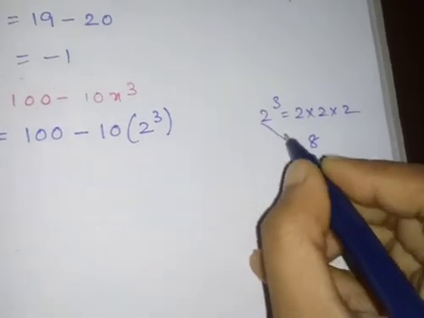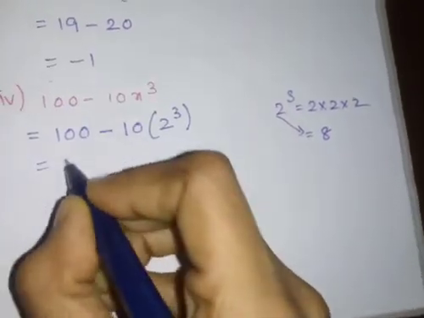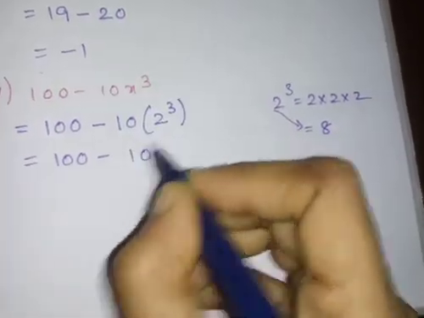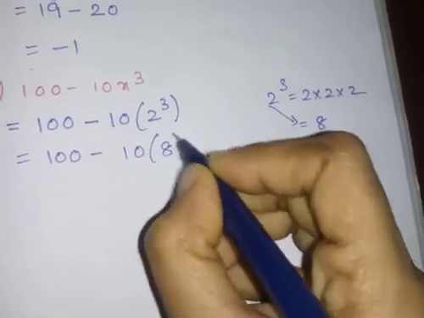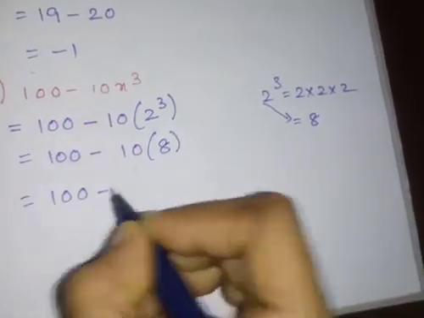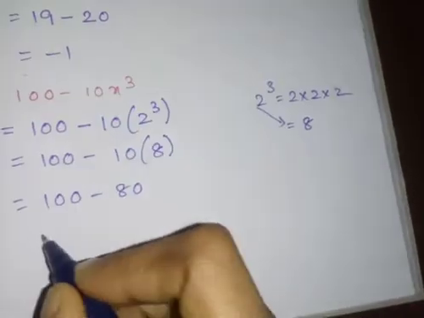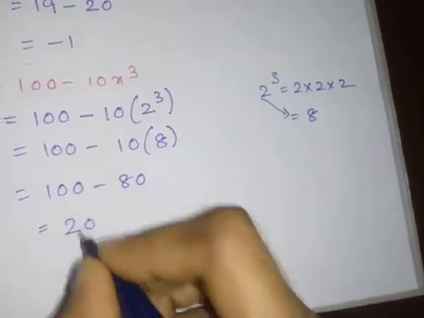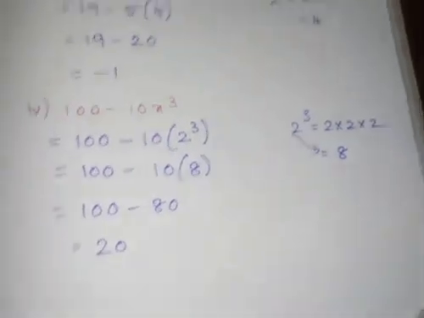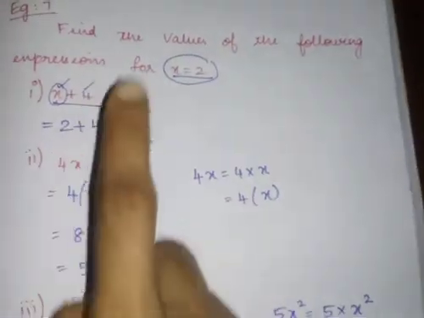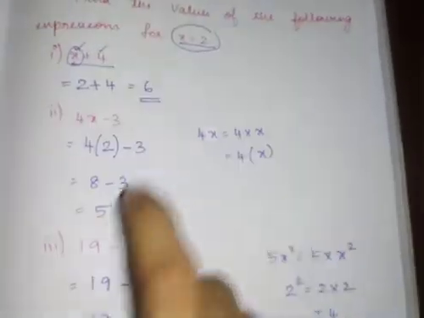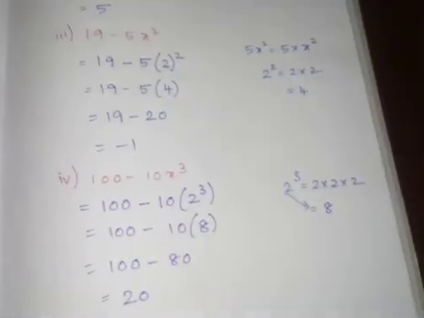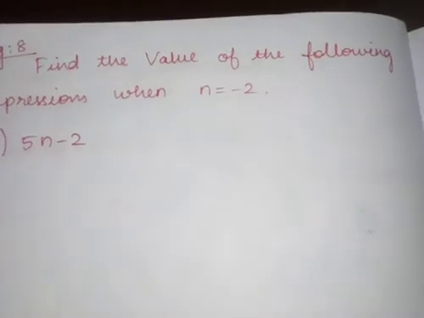So the 2 cube value is 8. 100 minus 10 into 8. 10 8s are 80. 100 minus 80 is 20. 20 is your final answer. Understood? When the value of x is given, we substitute in the expressions and find the value of those expressions. This is your example number 8.